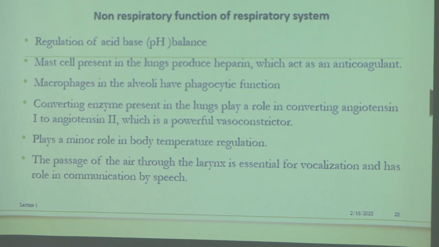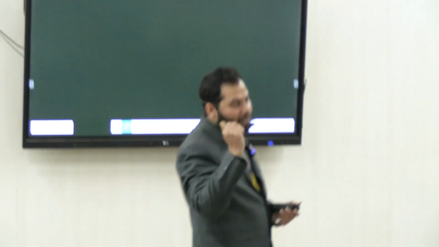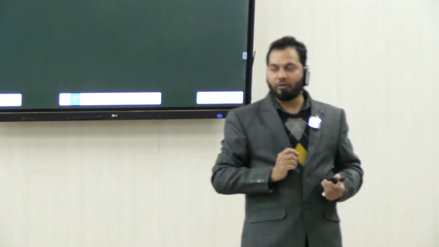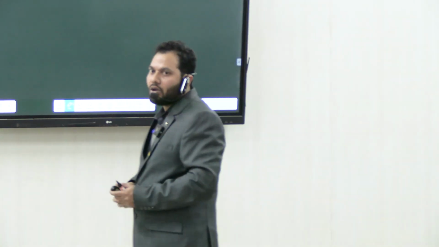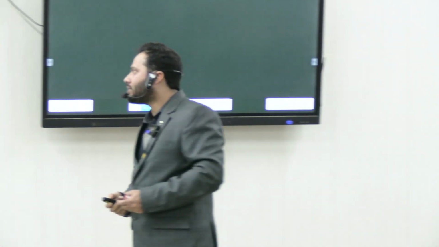Macrophages in the lung alveoli have a phagocytic property. We know WBCs are mainly involved with the phagocytic process. But here in the respiratory system, you can see a special type of cell called the macrophage, present mainly in the lung alveoli, which has phagocytic property.